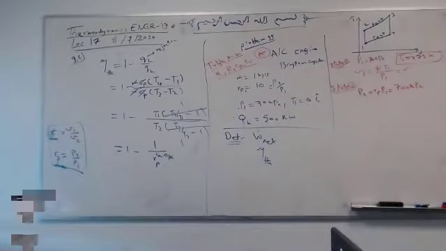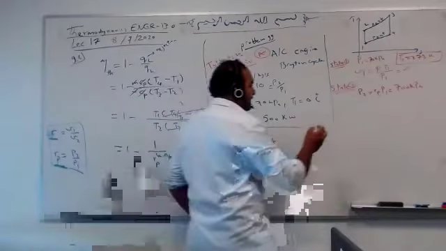So what can we do to get T2 at state 2? P2 over P1 equals T2 over T1 to the power k over k minus 1.